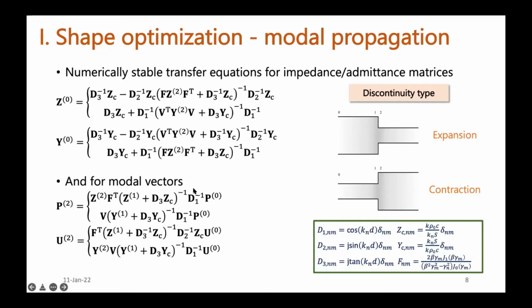And the matrices appearing here: the F matrix or the V matrix is the matrix describing the modal coupling at the discontinuity. And in the uniform part, these matrices D1, D2, D3, and ZC and YC represent the modal propagation in the straight part.